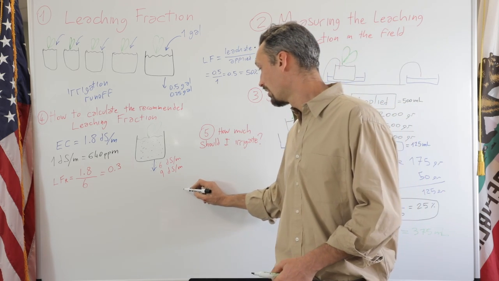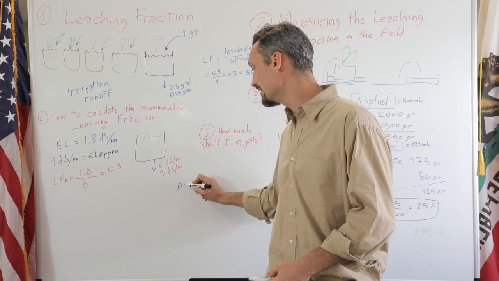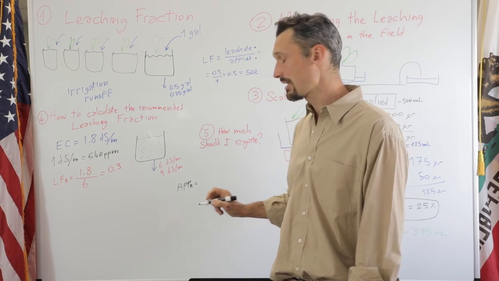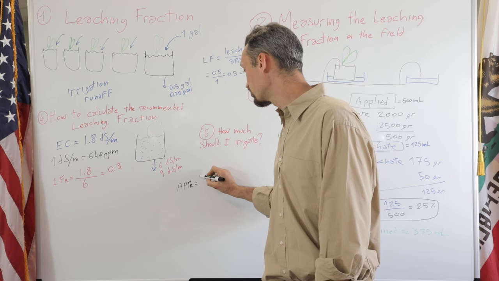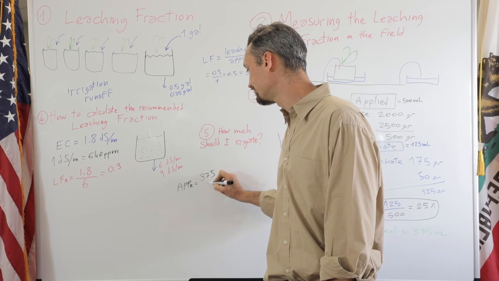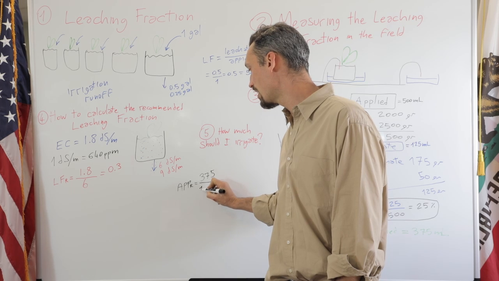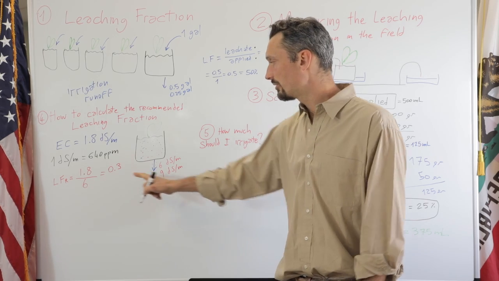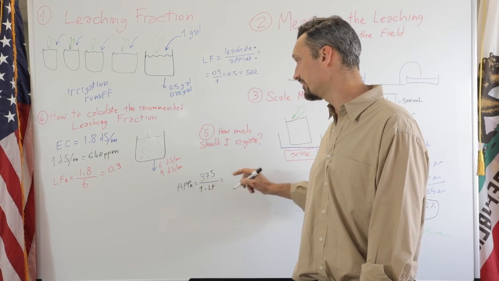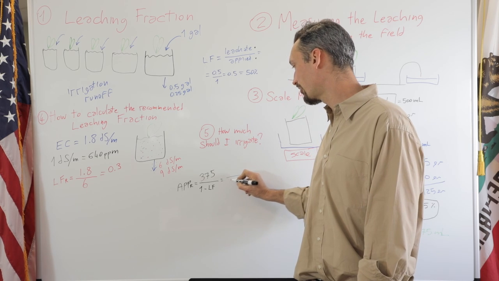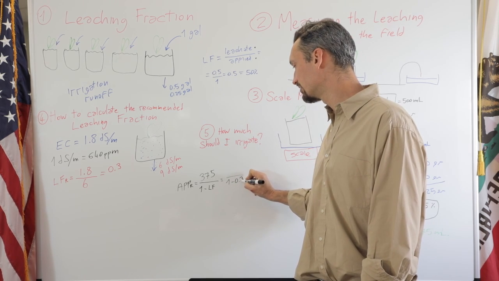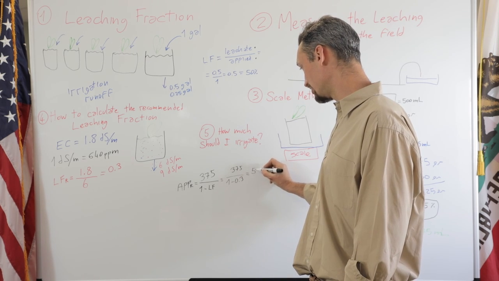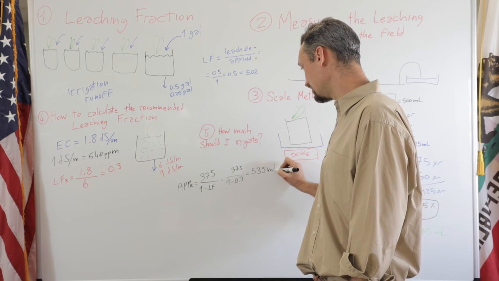And so here we can calculate applied sub R, for recommended, equals 375 milliliters divided by 1 minus our leaching fraction. And our recommended leaching fraction from our previous video is 0.3. So 1 minus 0.3 equals 535 milliliters.